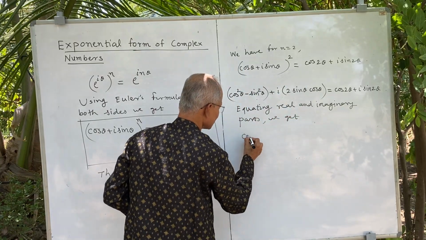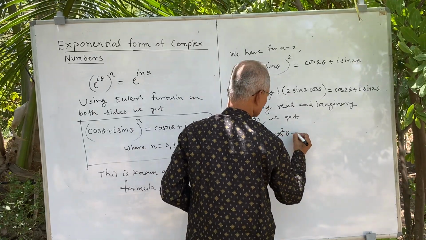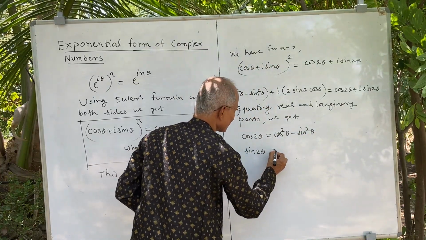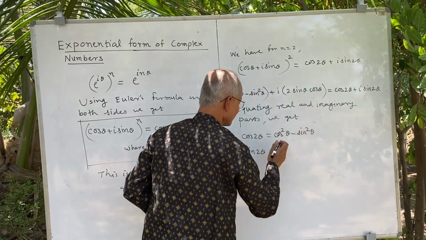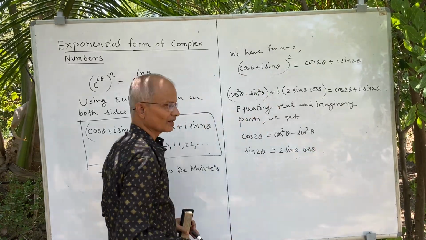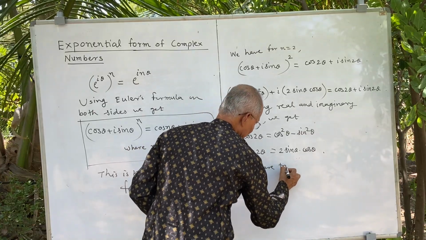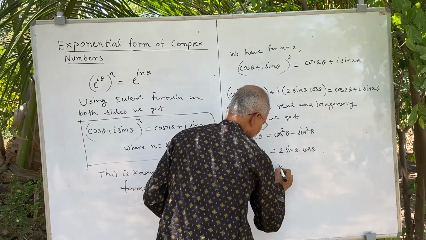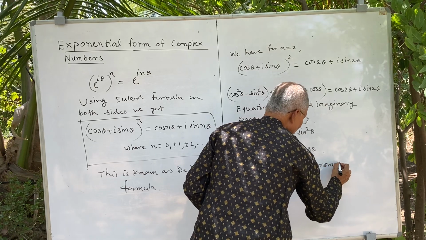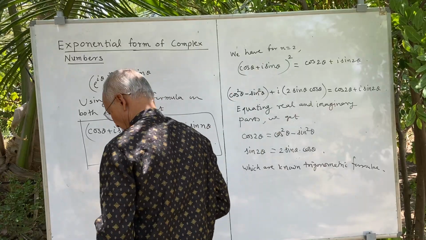What is the real part on right side, it is cos 2 theta, and the real part on the left side is cos square theta minus sin square theta, and the imaginary part on right side is sin 2 theta, and imaginary part on left side is 2 sin theta cos theta, which are the known trigonometric formulae. So thus trigonometric formulae can be obtained using de Moivre's formula.